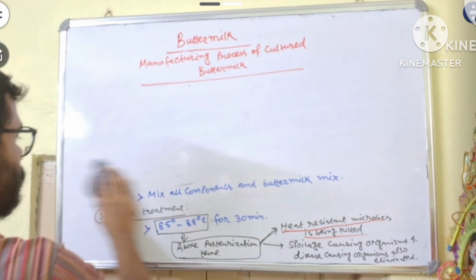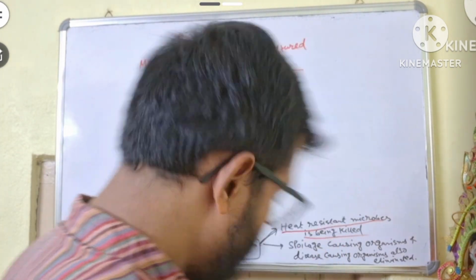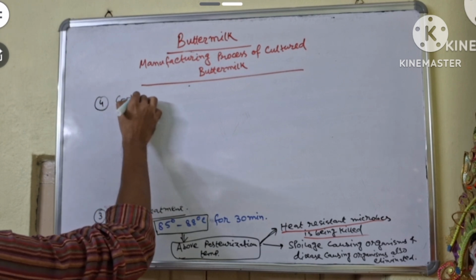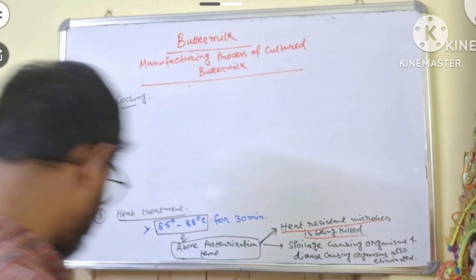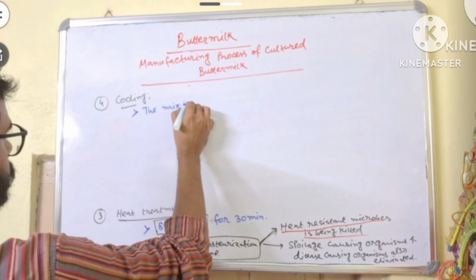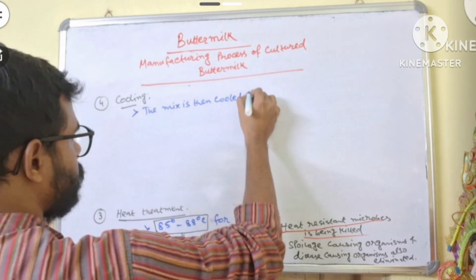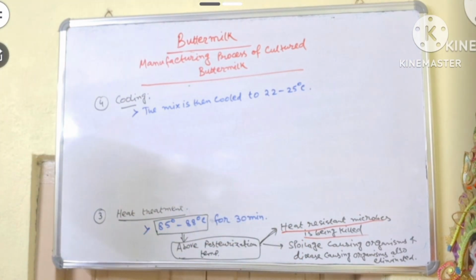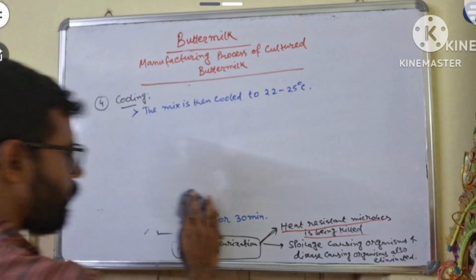So number four step is cooling. The mix is then cooled to 22 to 25 degrees centigrade, which is the ideal temperature for growth of starter culture.